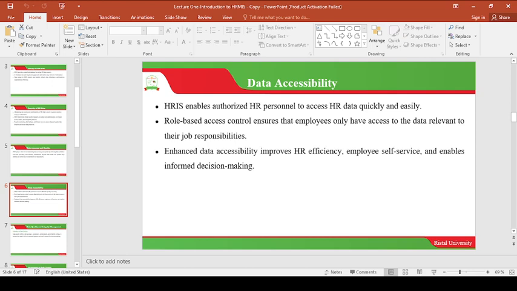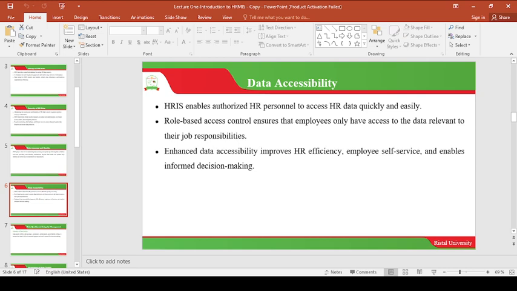So that accessibility is very important. HRIS enables authorized HR personnel to access HR data quickly and easily. For example, if you want to renew one of your employees' contracts, it is very easy to access it.